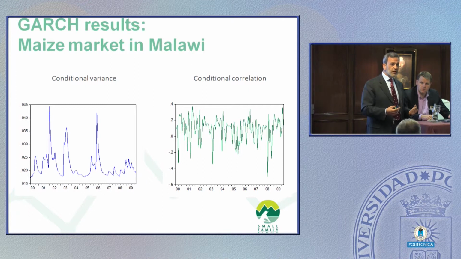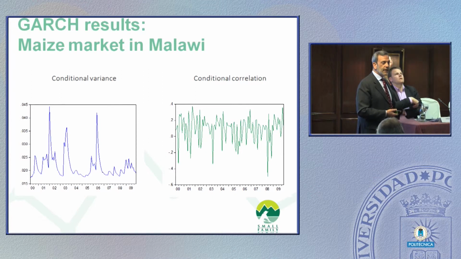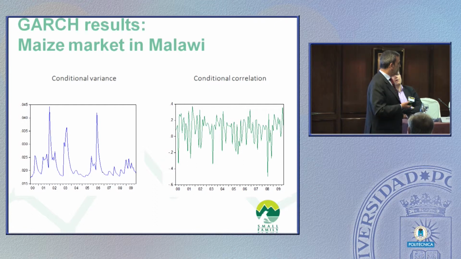So ADMARC got into the market, started buying aggressively at a period when everything in the world market was exploding. So prices exploded in Malawi. ADMARC had the mandate to buy a number of thousands of tons and continued to buy aggressively. The politicians blamed the traders, and they declared trade illegal. And in the end, there was a huge increase in the price of maize in Malawi.